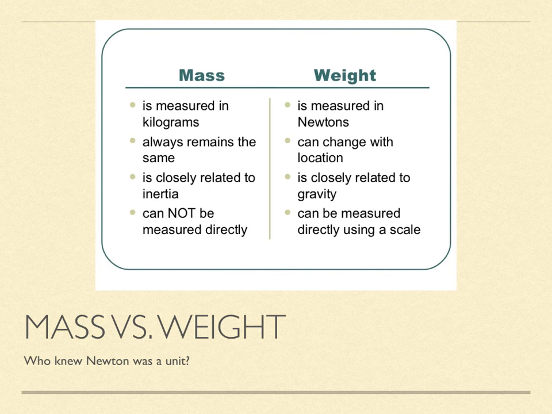Mass is measured in kilograms. It always remains the same. No matter where you are in the universe, your mass remains the same. Your weight, on the other hand, changes because weight is the relationship of the gravitational pull upon your mass. And your weight is actually measured in newtons. Remember Sir Isaac Newton? Well, the newton is actually the unit of weight.